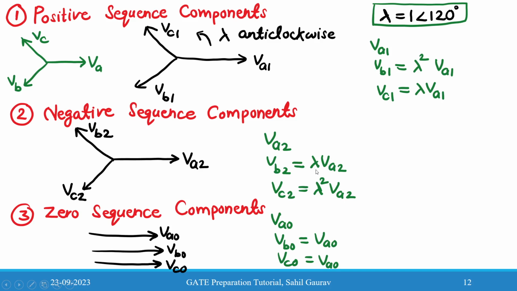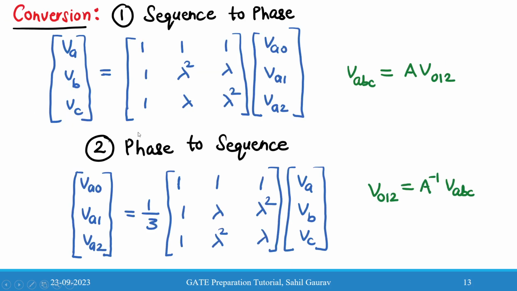So VB2 will be written as lambda VA2, VC2 will be lambda square VA2, and the zero sequence components are all in the same phase and of the same magnitude. So VA0, VB0, VC0 are all equal. The difference between the positive and negative sequence is only the phase sequence; all have the same voltage magnitude and are apart from each other by 120 degrees.